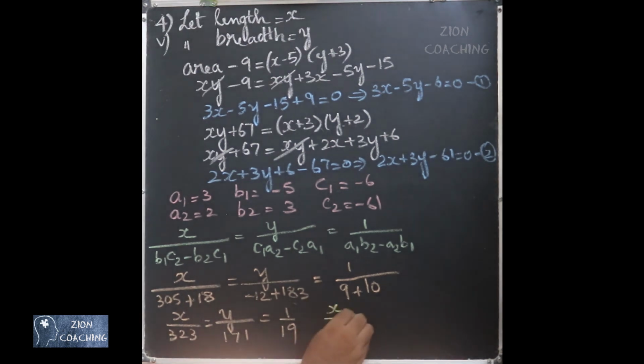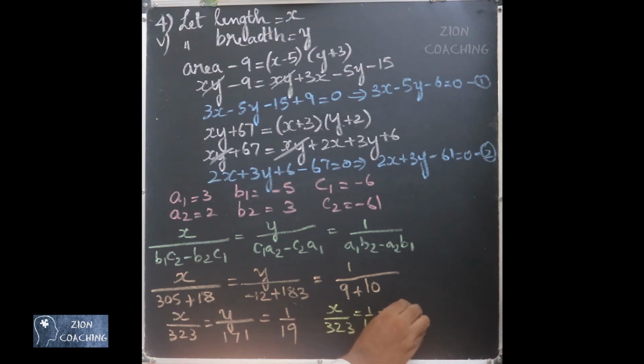X by 323 equal to 1 by 19 implies x is equal to 323 divided by 19. When you divide, 19 into 32 is 19, then the remainder will be 13, 133, 7 times 19 is 133. So you have found your x value to be 17 units.